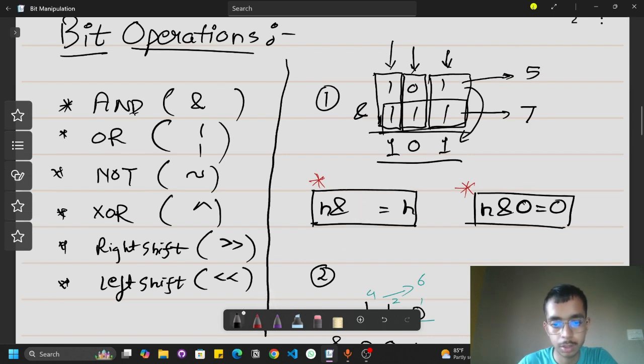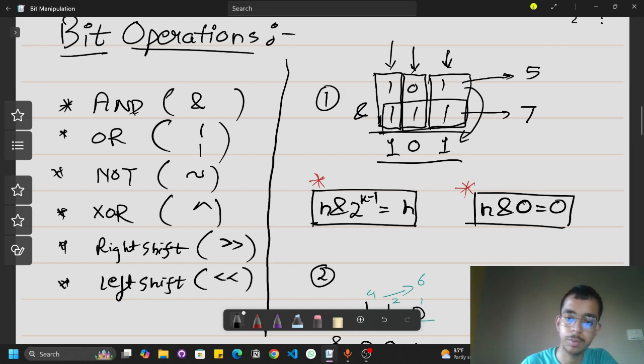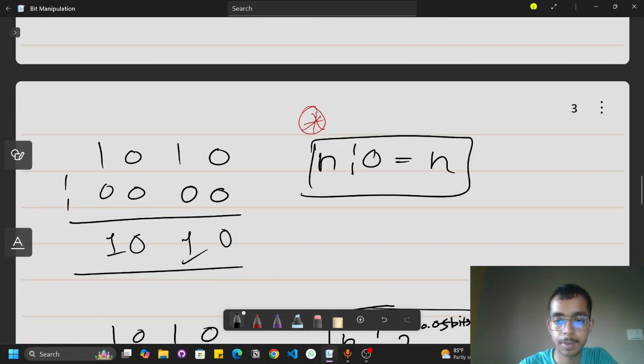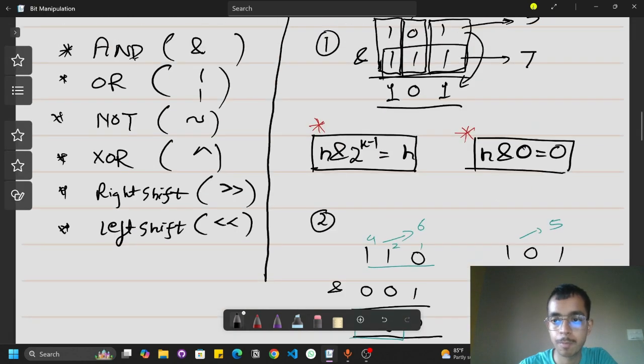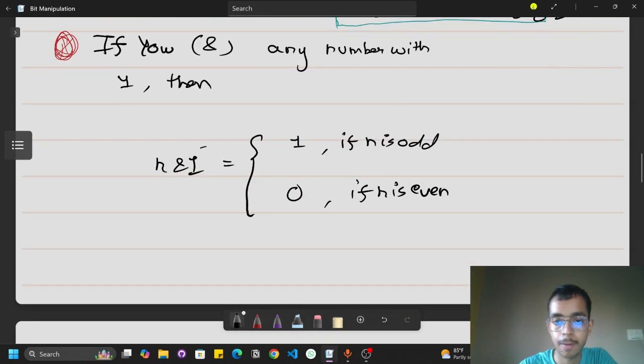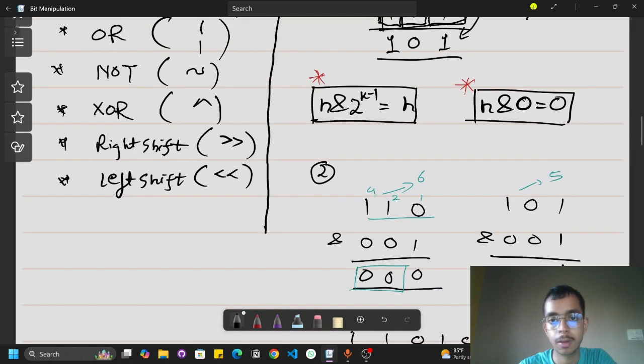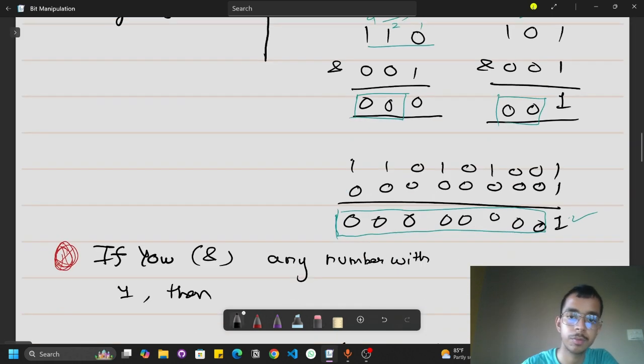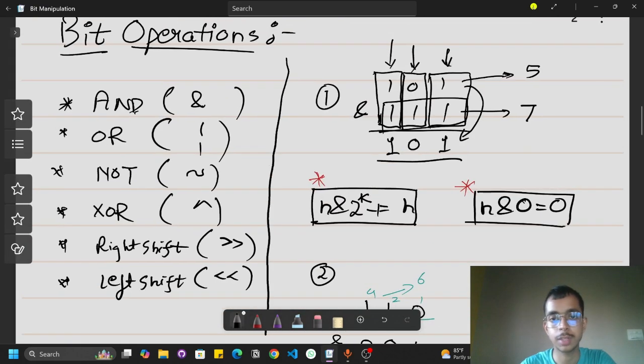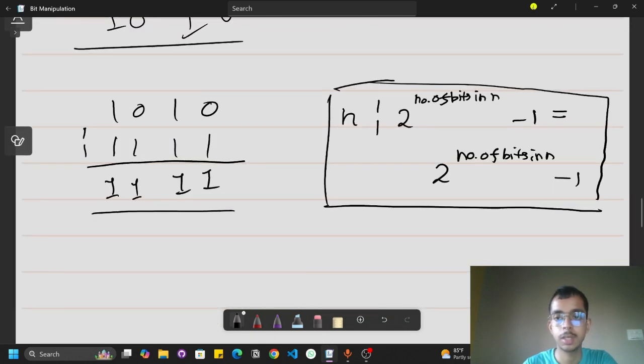It's actually 2 to the power k minus 1 is equal to n, where k actually represents the number of set bits. You will see, like 1, 2, 3, 3 set bits. So it's like the number of bits in n.